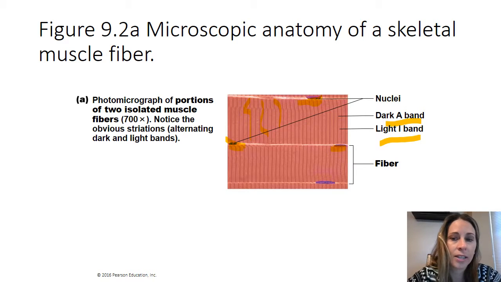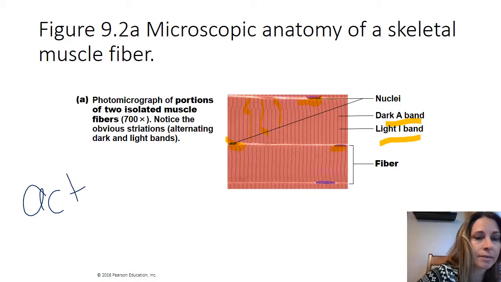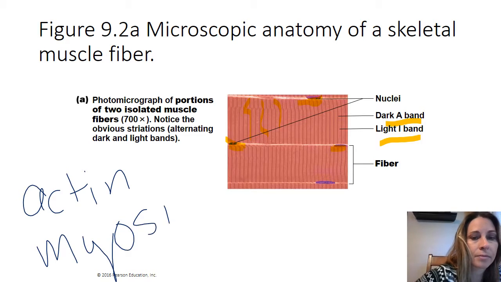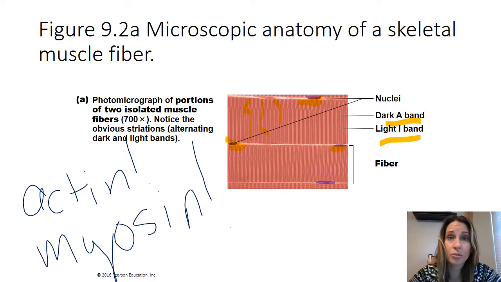So the dark and light bands are going to be where two important proteins we're going to talk about coming up, actin and myosin, right? Those are the two proteins that are key in the sarcomere, and they're going to help us provide the machinery to expand and contract within the myofibrils.